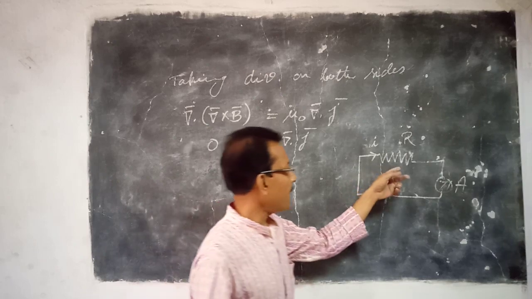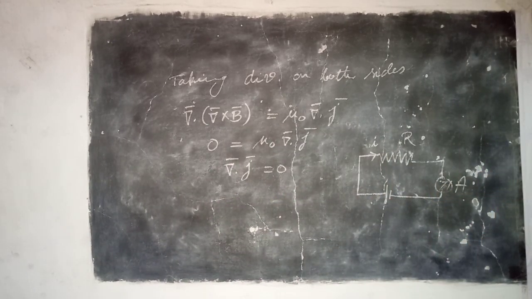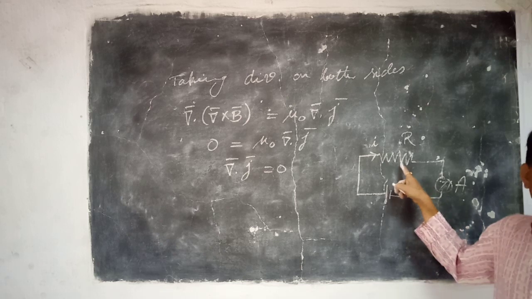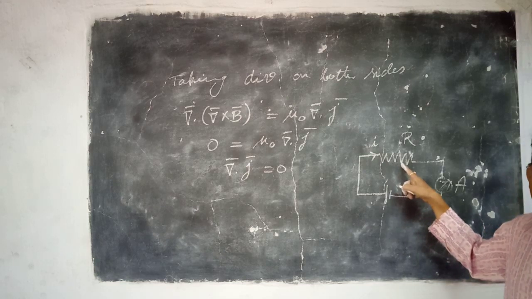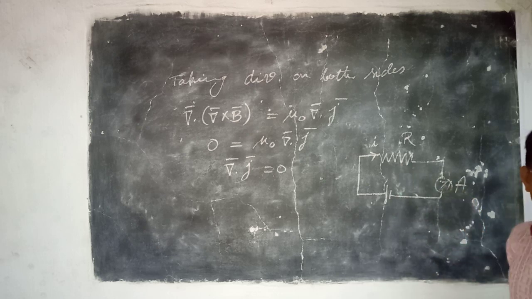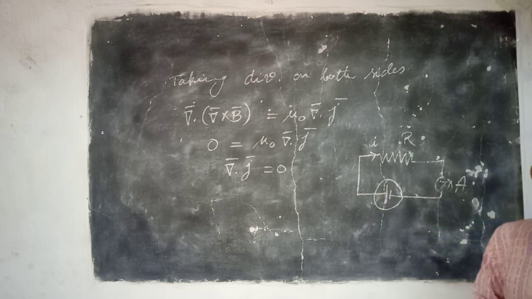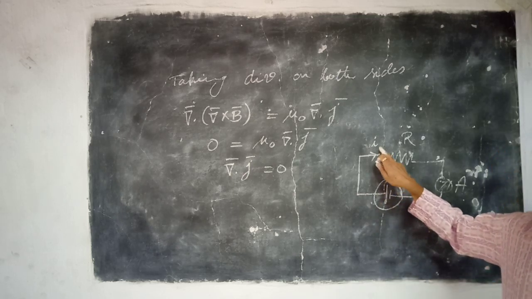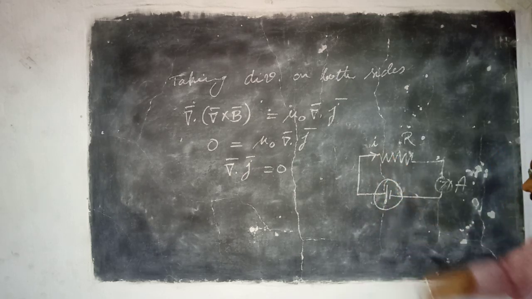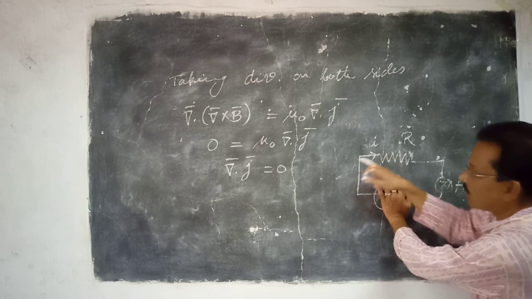Now as soon as the current flows through this, the joule heating will be there, energy will be dissipated. This is the sink. I squared R joule heating will be there. So the current in the circuit will diminish unless the battery supplies a constant amount of charge to maintain the constant current in the circuit. If the battery is not there, the current will no longer be constant in the circuit.